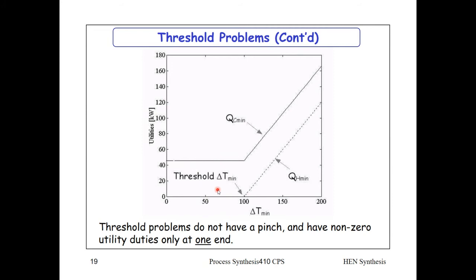So, I mean, reasonable delta T mins are at these sort of temperatures. Threshold problems do not have a pinch and have non-zero utilities only at one end. That is the property of threshold problems.